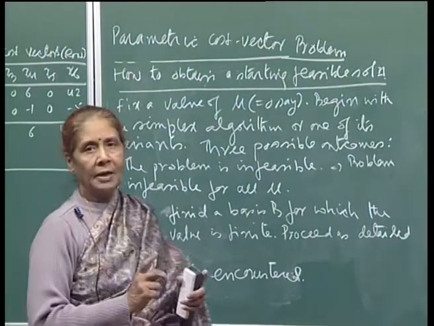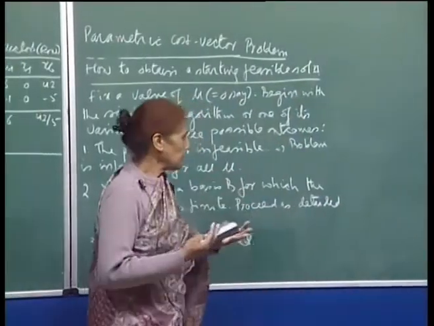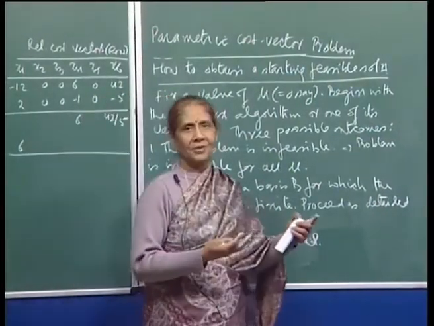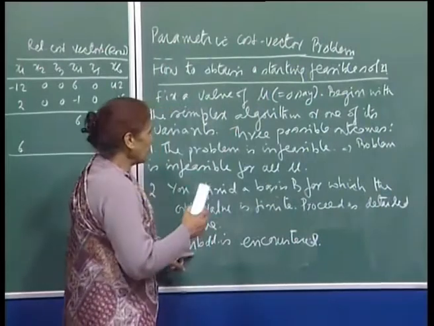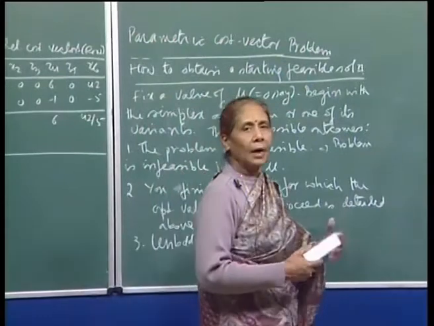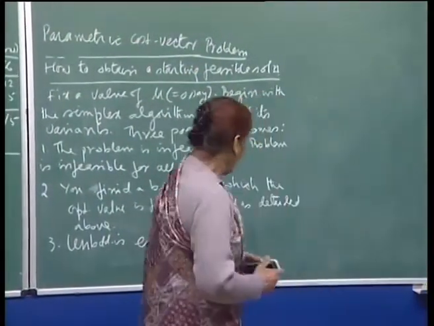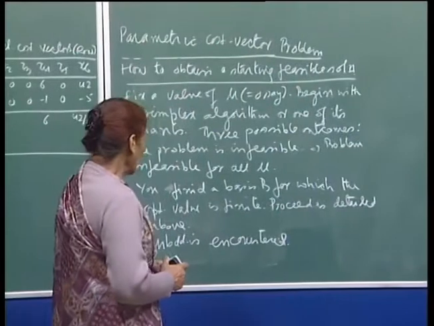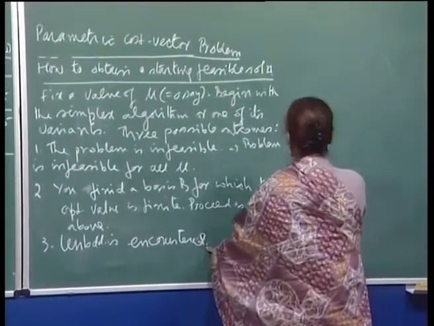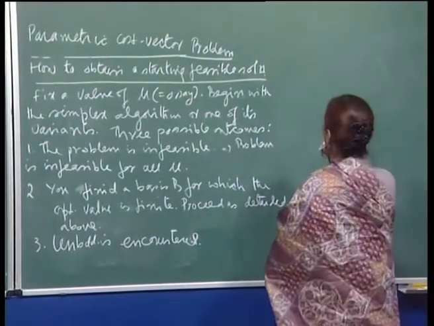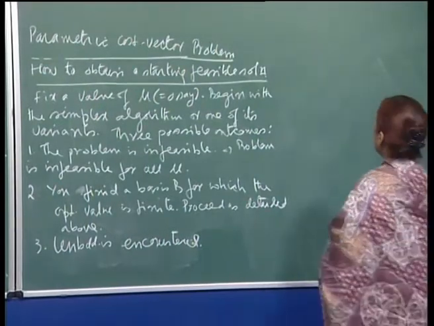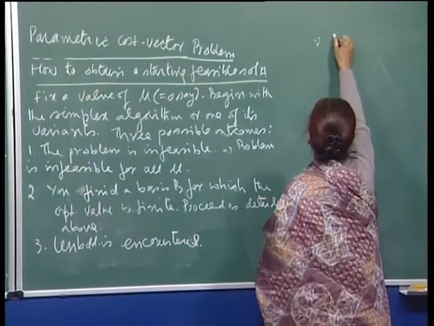Now here the value of mu is important, because unboundedness depends on your objective function value. So for some mu it is unbounded, then we have to discover for what other values of mu it is unbounded. So what will happen? Here unboundedness is encountered, so you want to look at this.